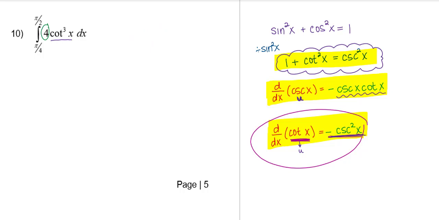So the best thing that I can do is recognize Pythagoreans and recognize that I'm going to split up cotangent cubed and write it as cotangent squared of x times cotangent of x.